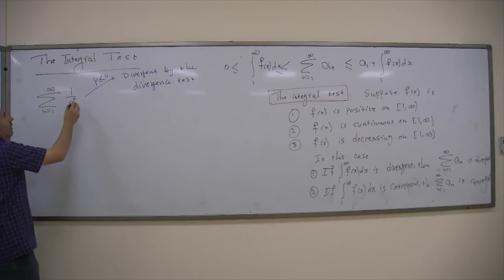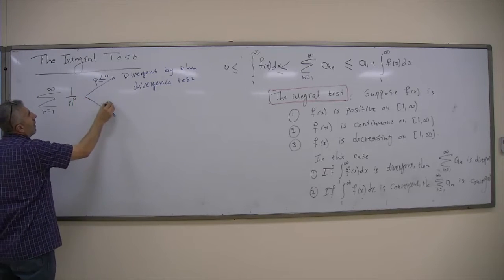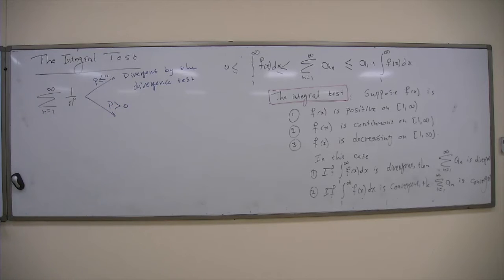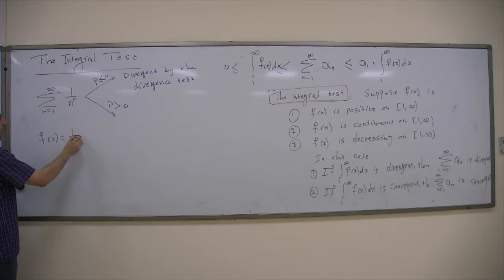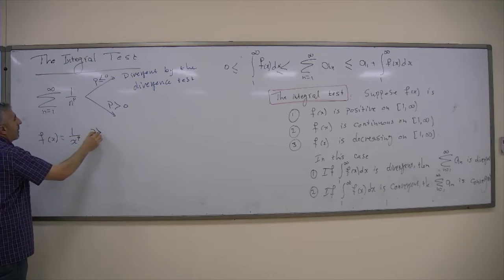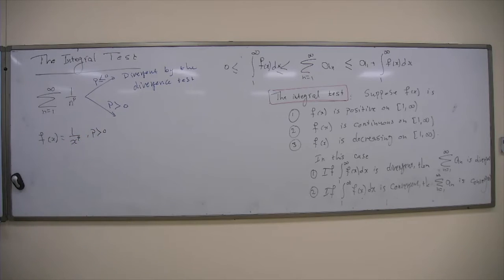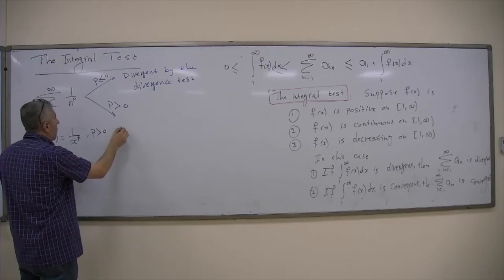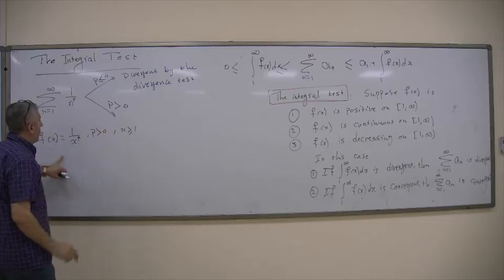Now let's take p larger than 0. If p is larger than 0, then we can think about f of x equals 1 over x exponent p, and p is positive, also x larger than or equal to 1.